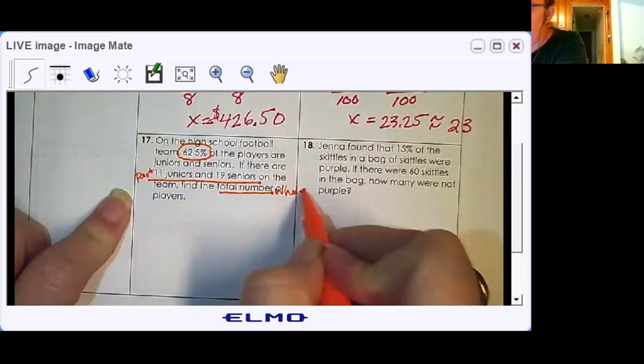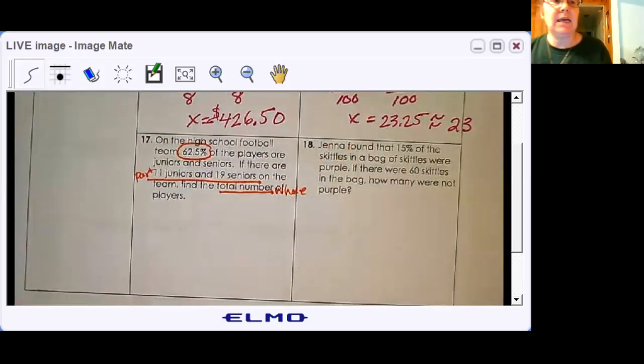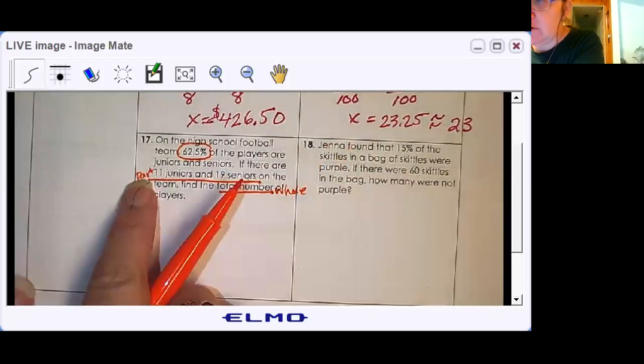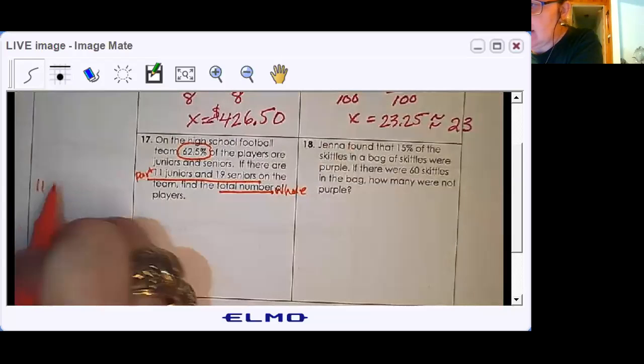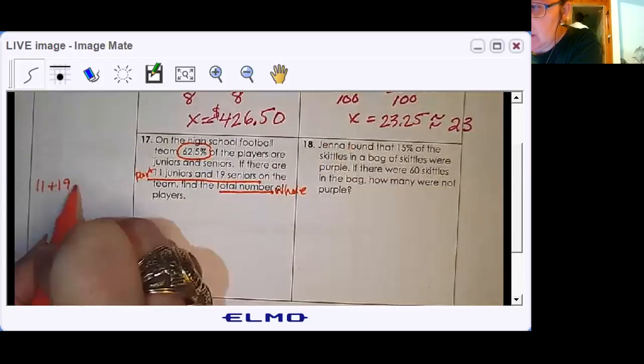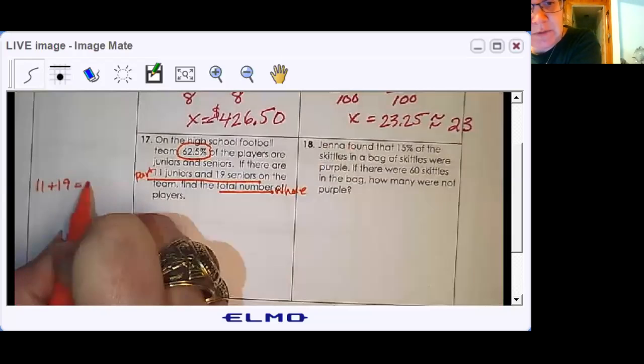Now, they got a little tricky with us because did they come out and say 30 kids on the team are juniors and seniors, or did they say 11 are juniors and 19 are seniors? They gave you the pieces, so what you have to do to find this part right here is you have to do 11 juniors plus 19 seniors equals how many upperclassmen?